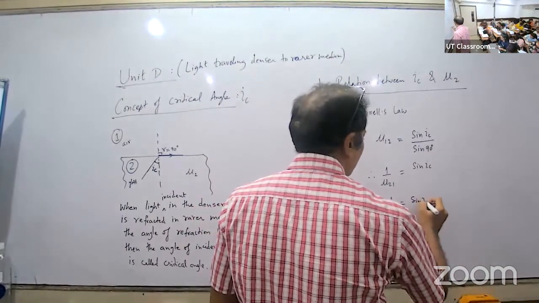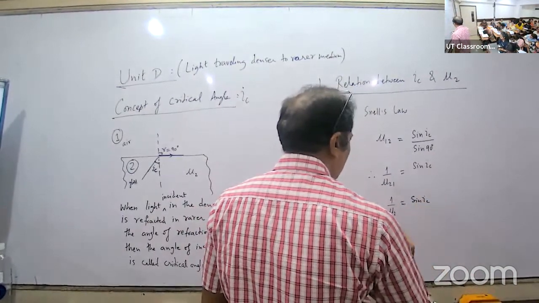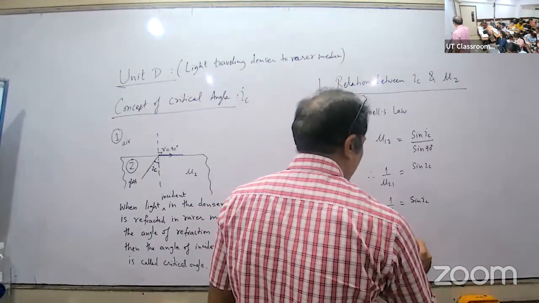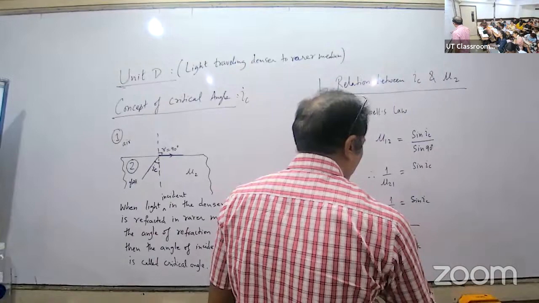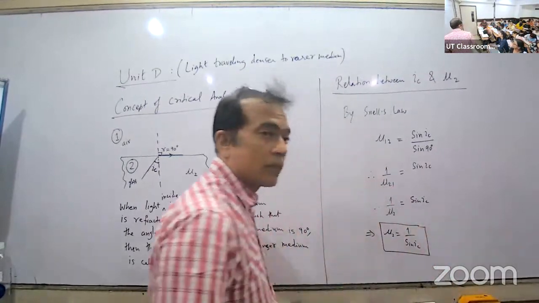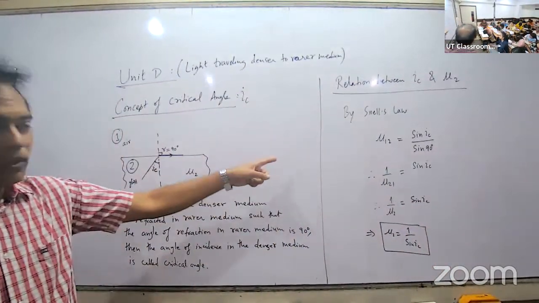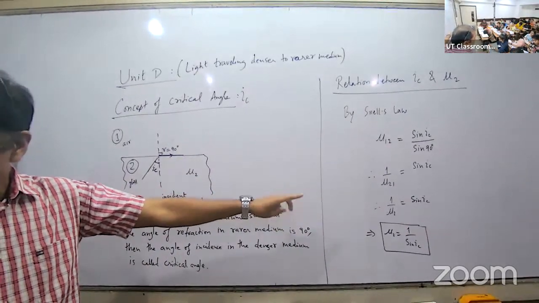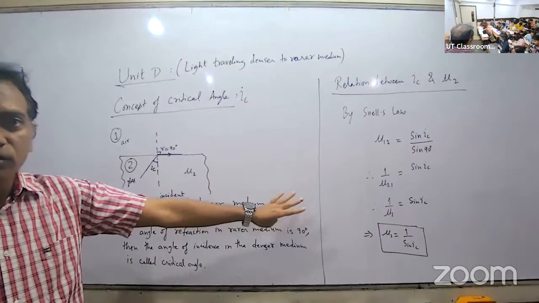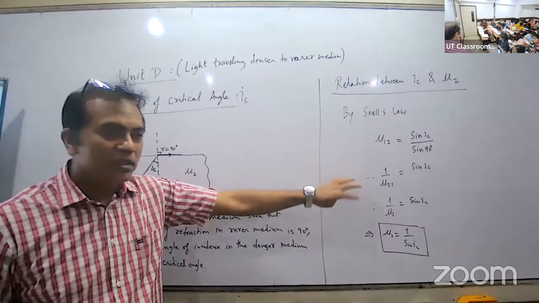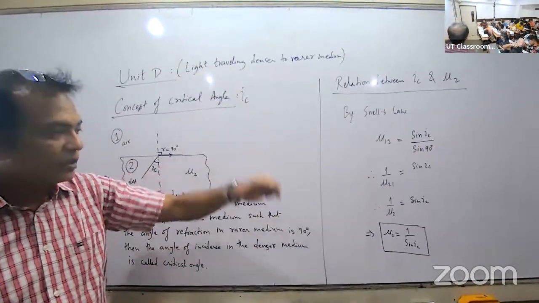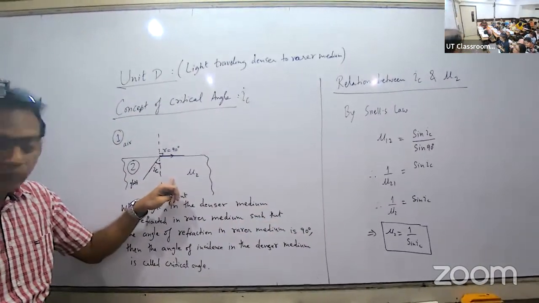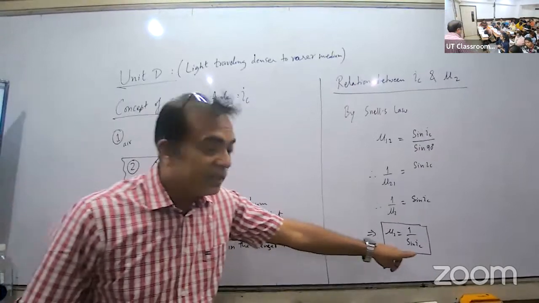Sin IC. This means mu2 is equal to 1 upon sin IC. ठीक है, पहले स्नेल्स लॉ अप्लाई किया, फिर बाय डेफिनेशन ऑफ एब्सोल्यूट रिफ्रैक्टिव इंडेक्स mu21 is mu2. ठीक है, वो सारा रिलेशन हमने यूज किया है पहले का. So this is the relation between the refractive index of the denser medium and the critical angle in it.